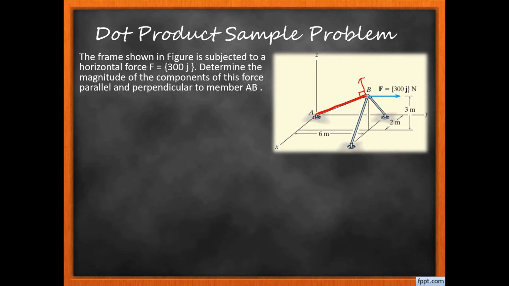So paano natin kukunin yan? So sabi natin kanina, yung ating formula is A sub a is equals to A cosine theta, which is also equal to A in Cartesian vector form, dot unit vector along A. So ito yung A sub a natin, kung matatandaan natin, ito ay yung magnitude of force parallel doon sa ating reference line.